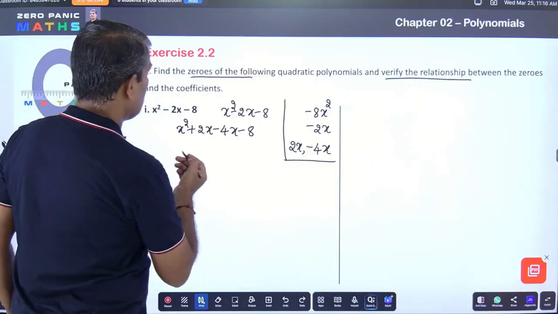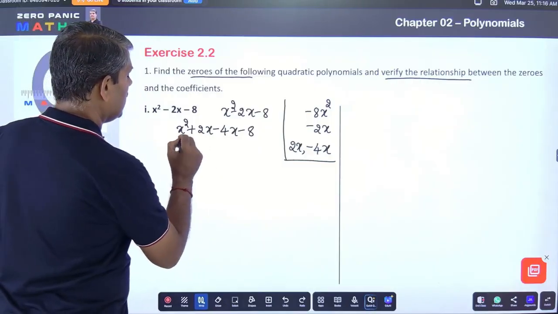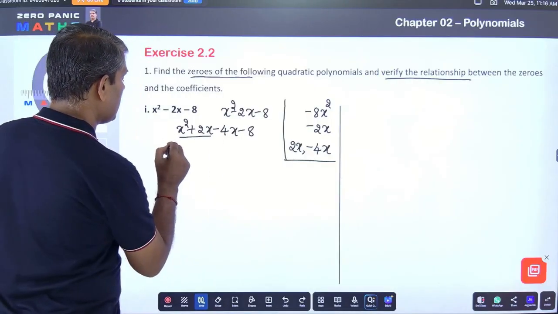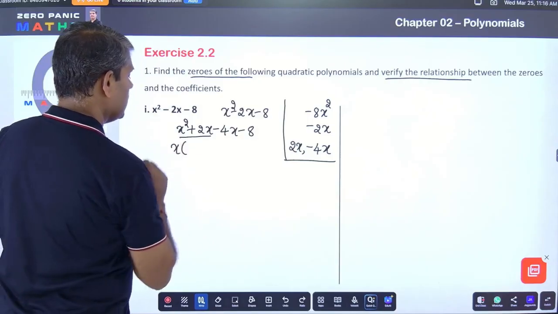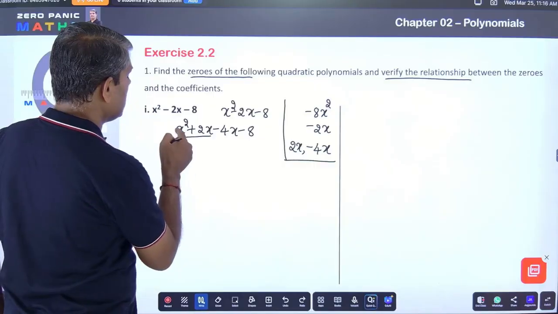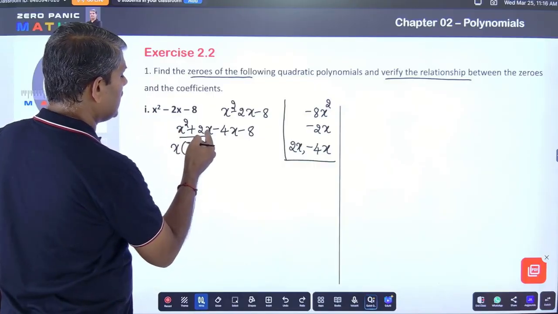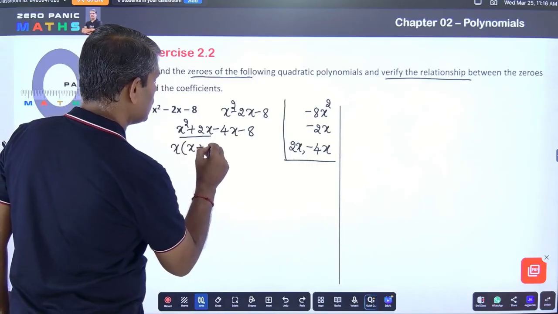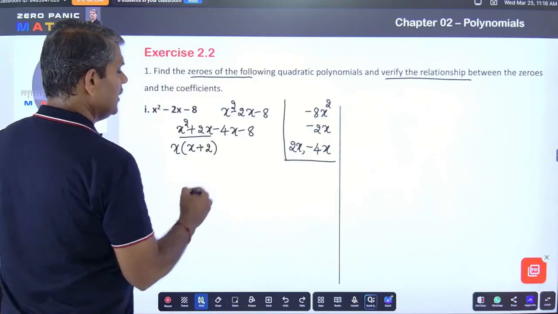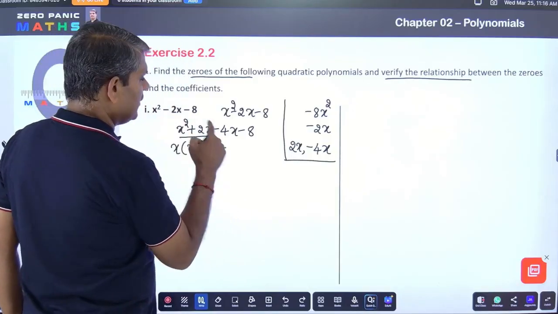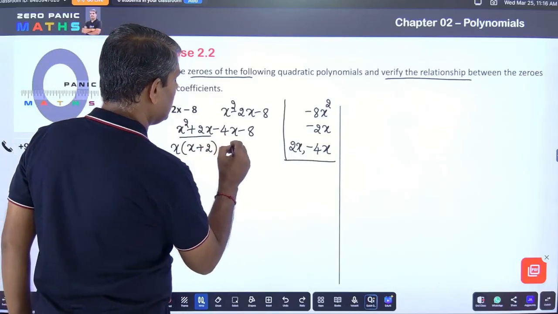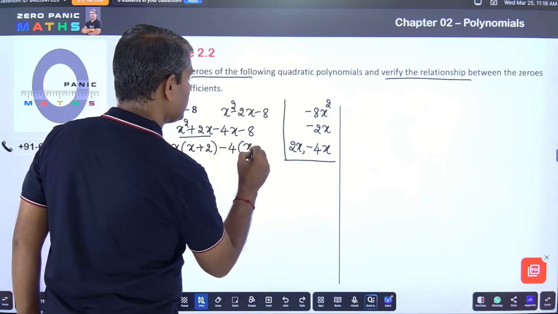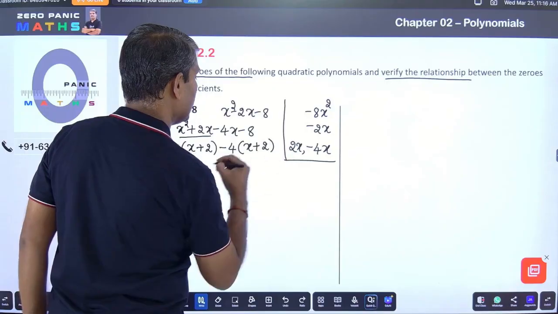Okay, now what is common in the first two terms? You remember the steps, right? I'm assuming that you remember the steps. So in the first term, I'm taking x as common. What is remaining? x plus 2. Here, what is common? I can take minus 4 as common, so that I'm left with x plus 2 again.